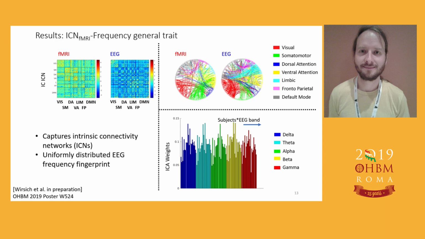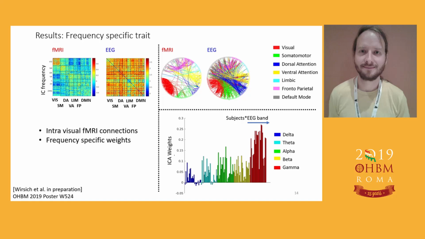When we're looking at the subject and the frequency-specific weights, each bar of this graph signifies the weight of one subject for the different frequency, and what we see here is a subject-specific weight of this resting state trait, but this does not change for the frequency, so the frequency is always weighted the same.